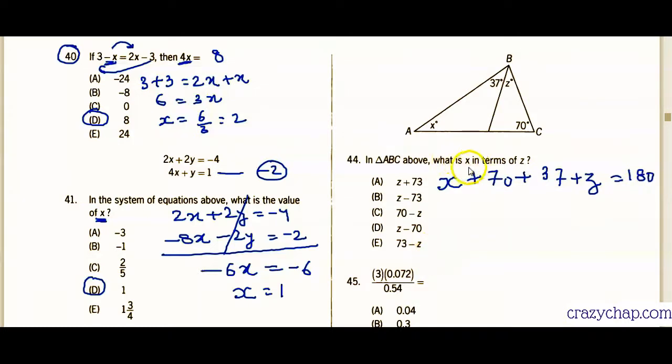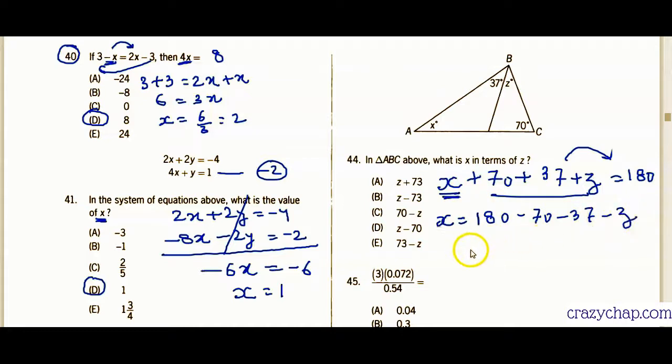Okay. So we'll bring all of this stuff to the other side, x equal to 180 minus 70 minus 37 minus z. So we get 180 minus 107 minus z, which is 73 minus z. So option E should be the correct answer, right?